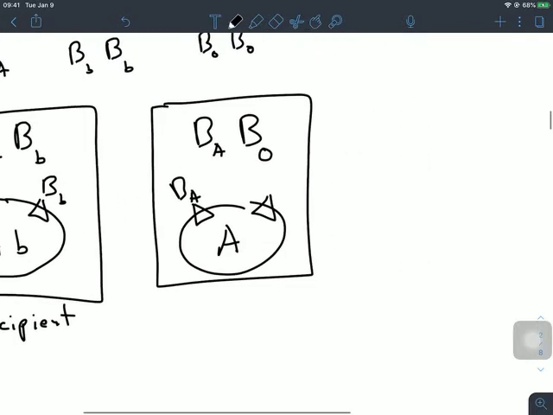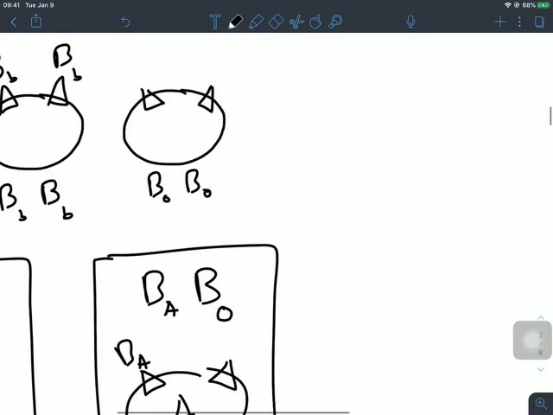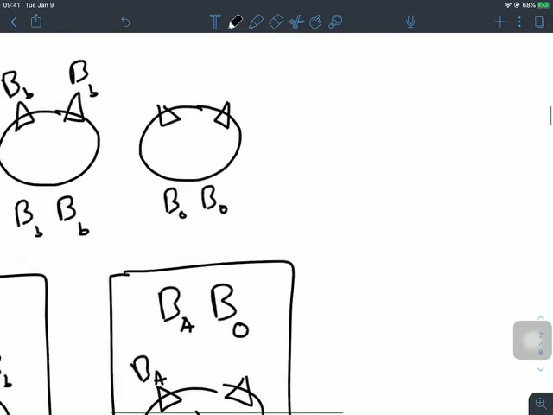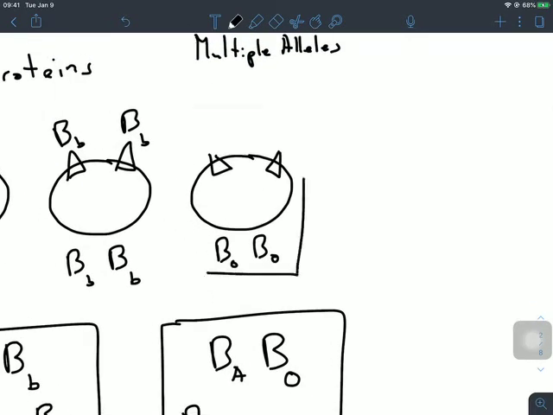In contrast, if you have an individual that is just OO, meaning homozygous for the recessive state, in this case, they make no functional outside protein. So if the other components of their blood encounter either A blood or B blood or AB blood, they reject it, they fight it.